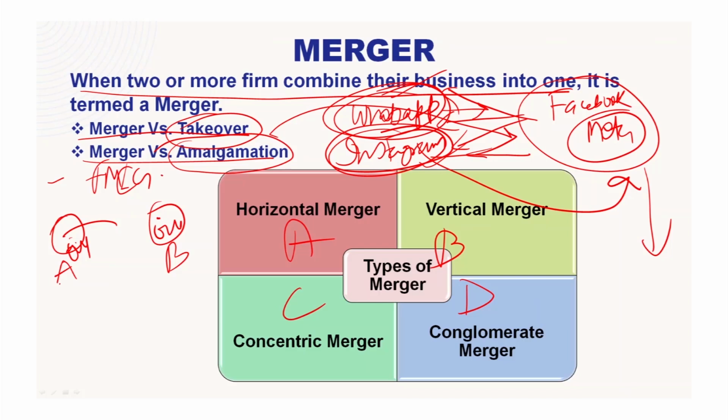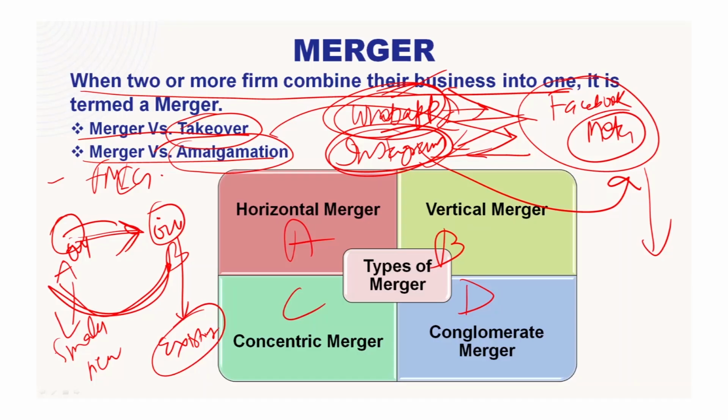Now both the companies were facing competition with each other, but company A was a smaller or a new company, and B is an existing company. Now company A was facing big competition with company B. Now they want to sell off their businesses and merge with company B. So this process will be termed as a horizontal merger.